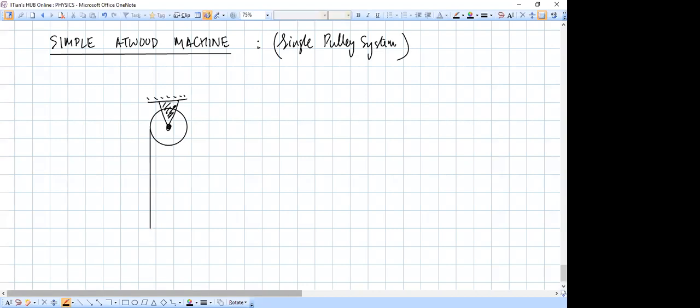So this kind of system is specifically called a simple Atwood machine.